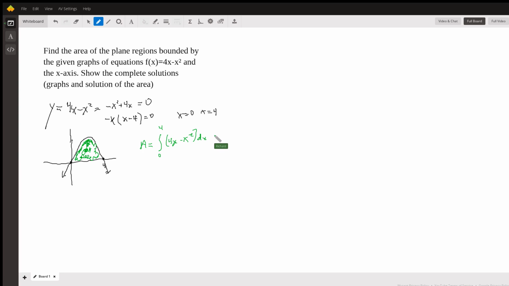And that's a nice, easy integral to find. So when we take the integral of 4x, we're going to get 2x squared. And when you take the integral of negative x squared, you're going to get negative 1/3 x cubed.